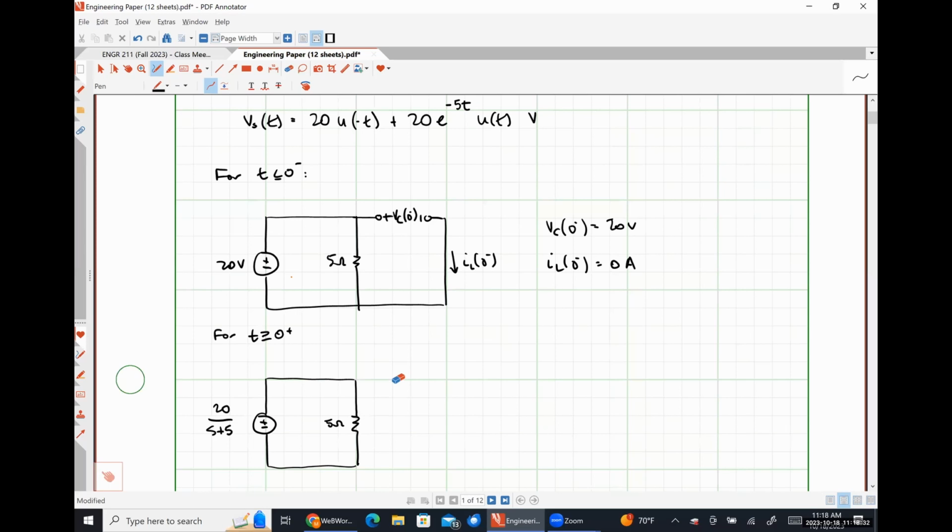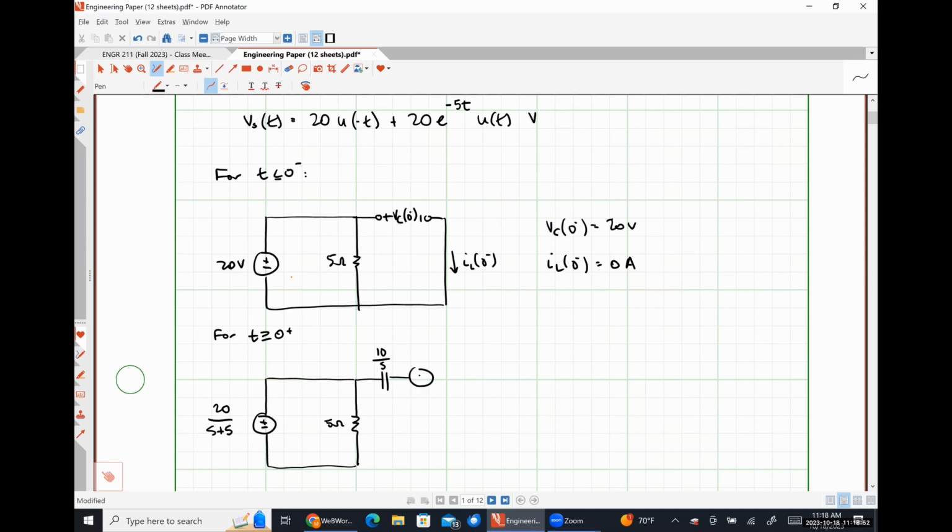I'm going to have my capacitor here. That's going to look like 1 over SC. It was 0.1, so 1 over SC is just going to look like 10 over S. Does that sound right? Okay.